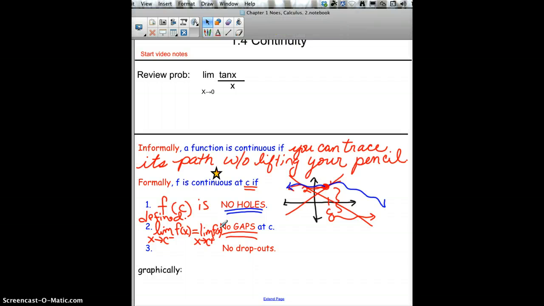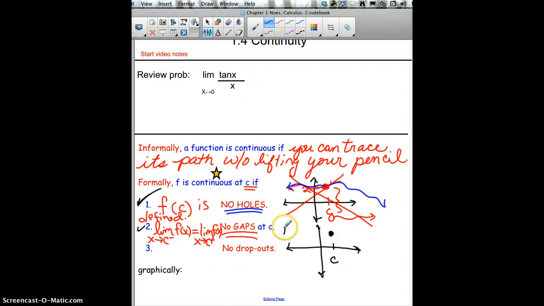That's still not enough though, so let me show you a function that meets both of these criteria, but it's still not continuous. So I'm going to say at c, the function's defined. I've got a filled in dot, so I'm meeting criteria number 1. I'm also going to say that the limit as I approach c from the left is equal to the limit as I approach c from the right.